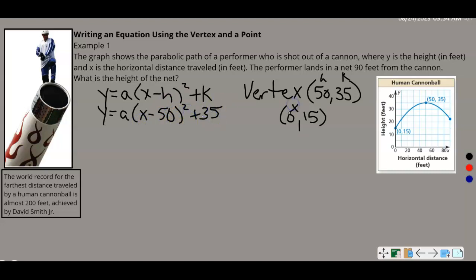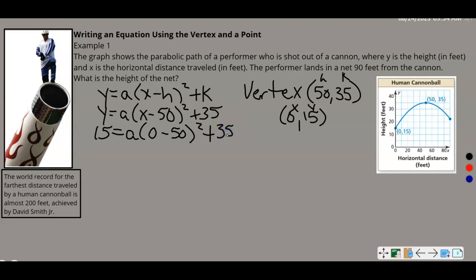Then we know that this is just another point, x, y. It's the y-intercept, but it's just another point on the graph, so it's an x, y that is included in this equation. We can plug that in. 15 is our y. A times x is 0, 0 minus 50, plus 35.